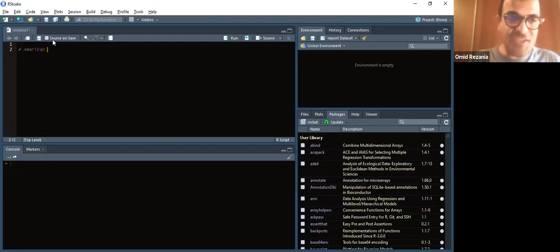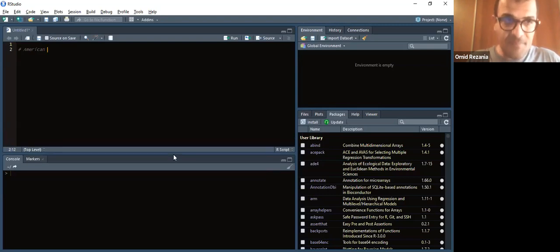I put the hashtag sign, and it's the same thing. Everything is the same with the R, but the R Studio is much more comfortable to work with because you have different panels, like for example the packages, the plots, the files, the viewer. You have the console right now, and you have the data which you create on the global environment to see that.